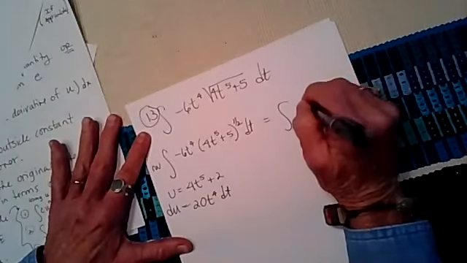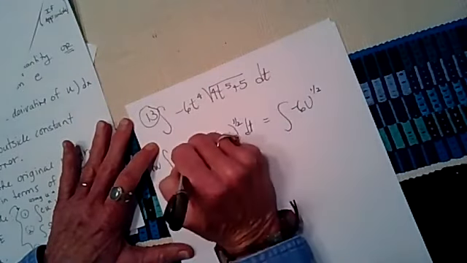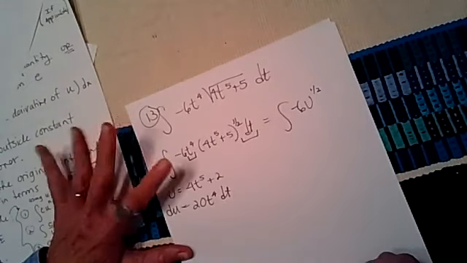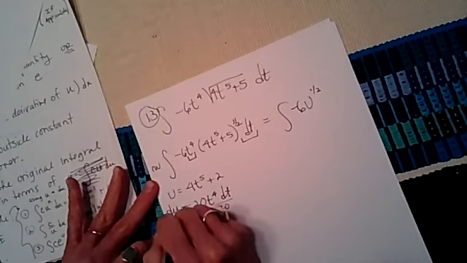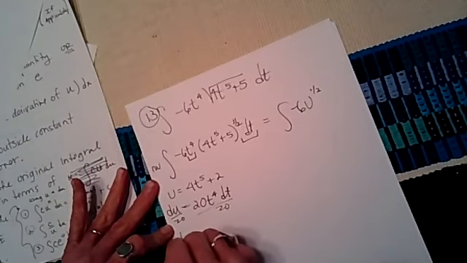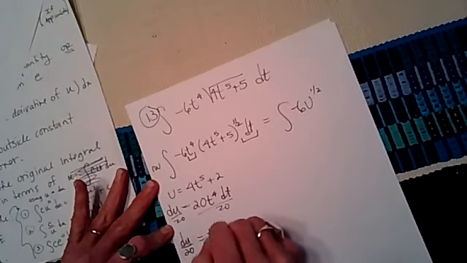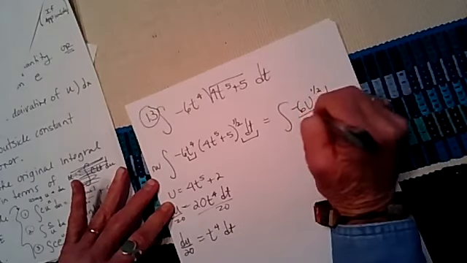Let's bring my u to the 1/2 over, bring over my -6, get my constants out of the way, and what's left over to substitute for? T to the 4th dt, so I just divide both sides by 20. So du over 20 is t to the 4th dt.